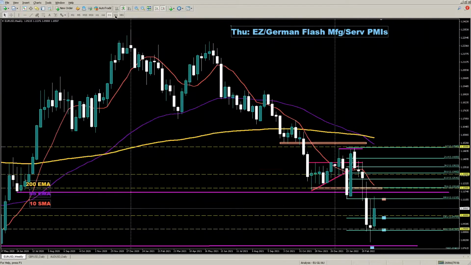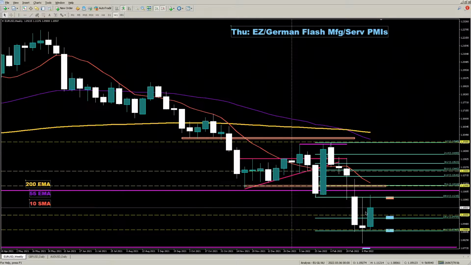Let's take a quick look at the weekly time frame, and that's the spinning top of the previous week with the long wicks, and basically it bounced up to retest that upper wick, which is at the high of the previous week.